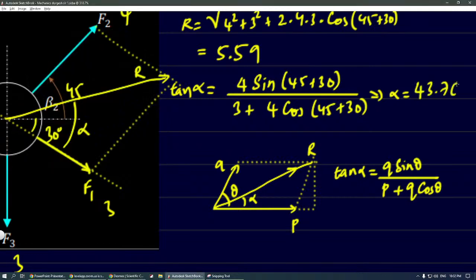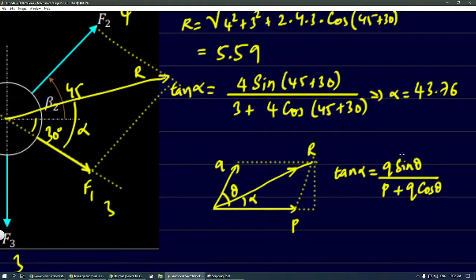Just a minute, sir, I'll try it again. 4 sine of 45 plus 30, which is 75. We can directly put it. Divided by 3 plus 4 cos 75.